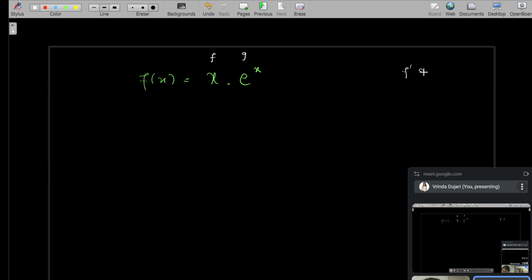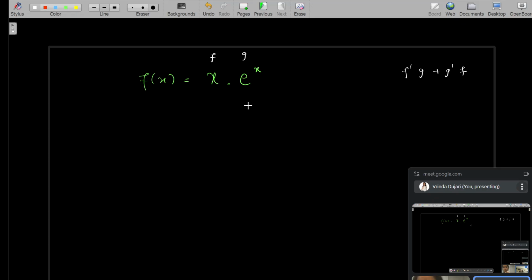X times e raised to x. So apply the product rule. This is f, this is g. So f prime times g plus g prime times f. It will always help you if you write the product rule on your scratch paper or wherever you're doing it.